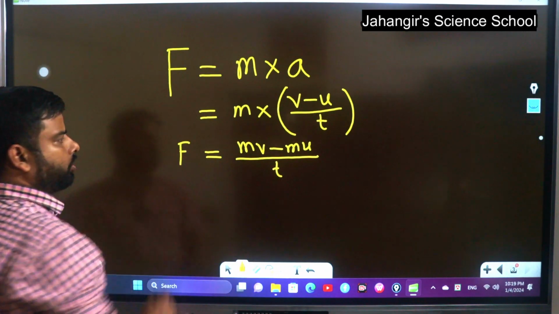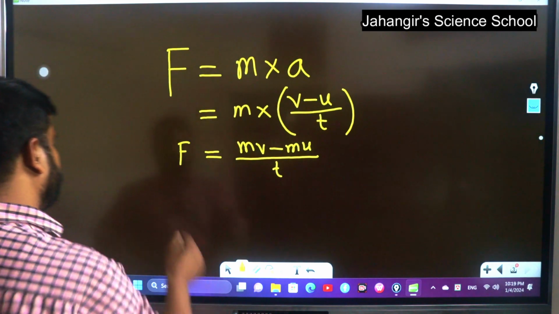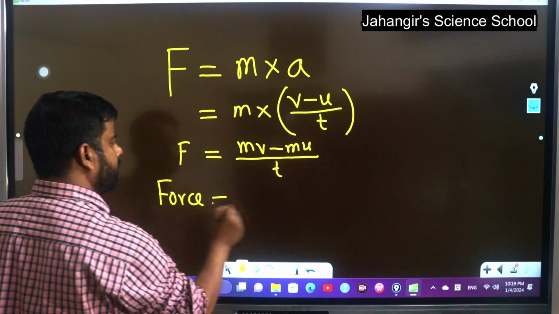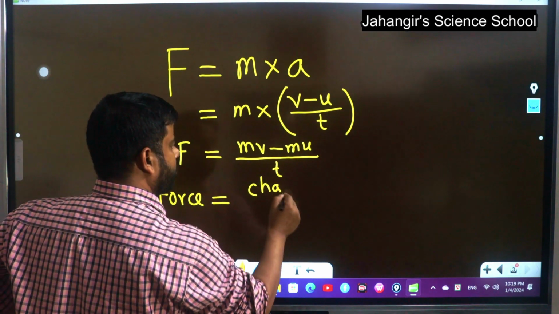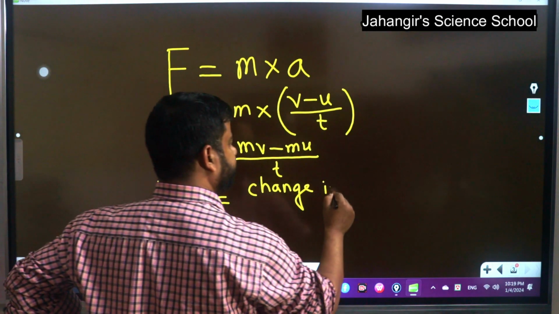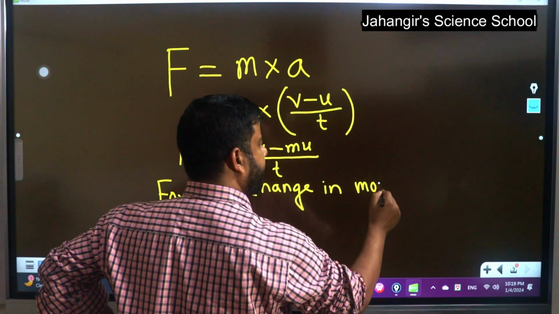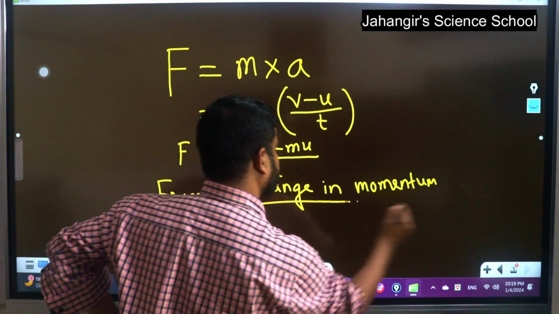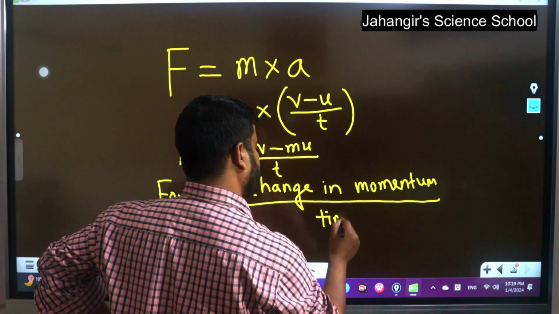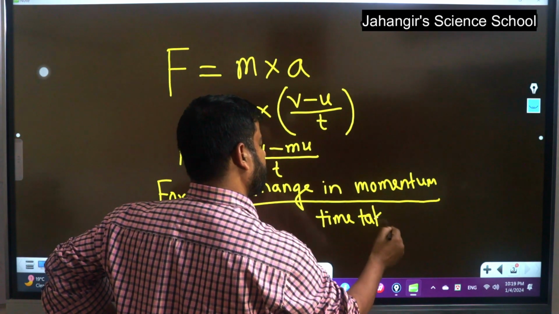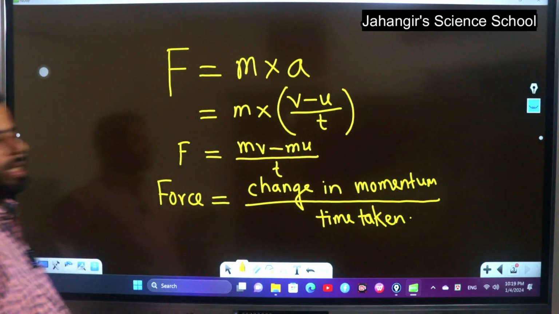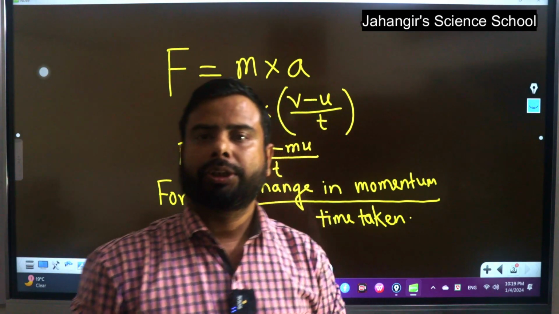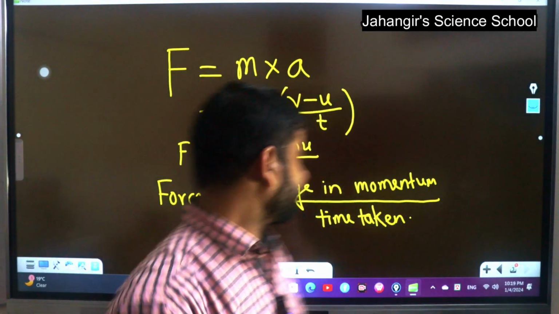So force equals change in momentum divided by time taken.